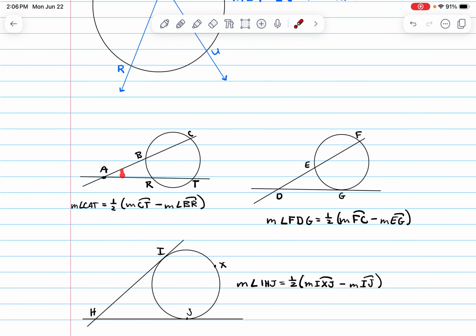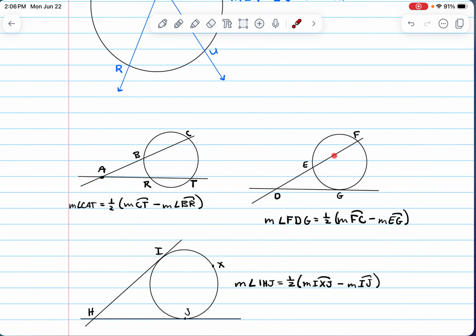So I want to talk about this angle right here. The measure of that angle is equal to this arc minus this arc, times 1/2. In other words, half the difference. That's for intersections outside the circle.